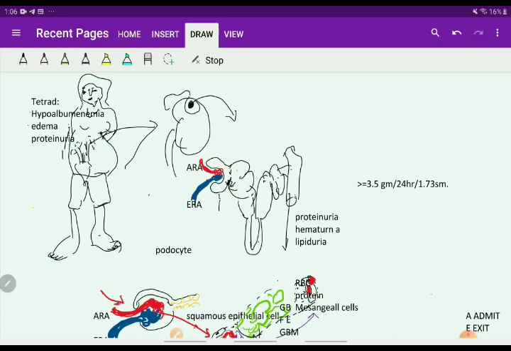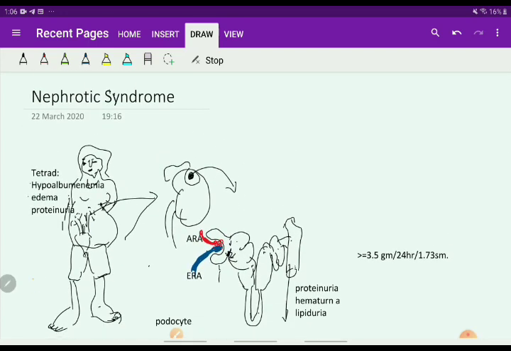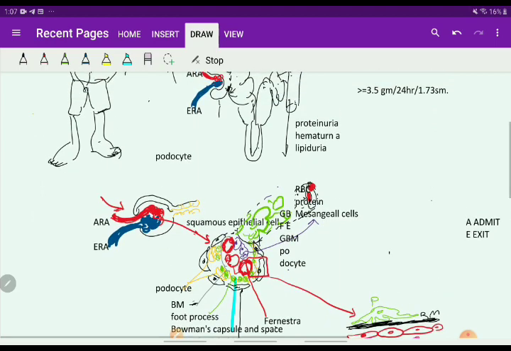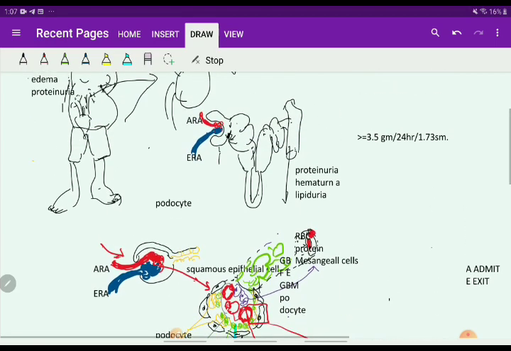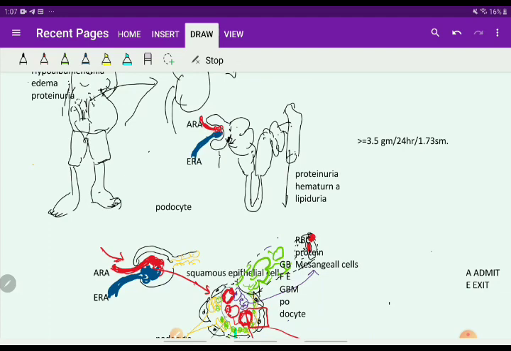What happens in patients who have nephrotic syndrome? The main thing in nephrotic syndrome is damage to the components of the glomerular capillaries that leads to leakage of protein. This is because of damage to the basement membrane, the endothelium, or the podocytes, which are the main components of the glomerular filtration barrier.